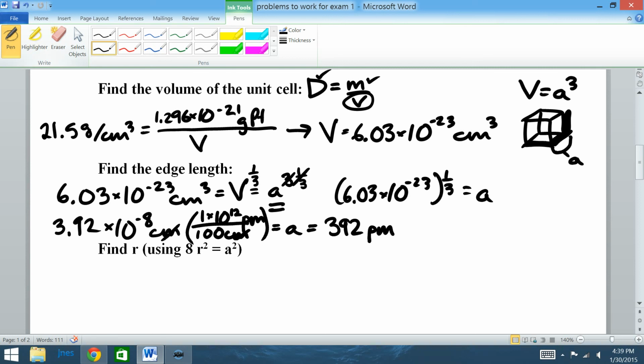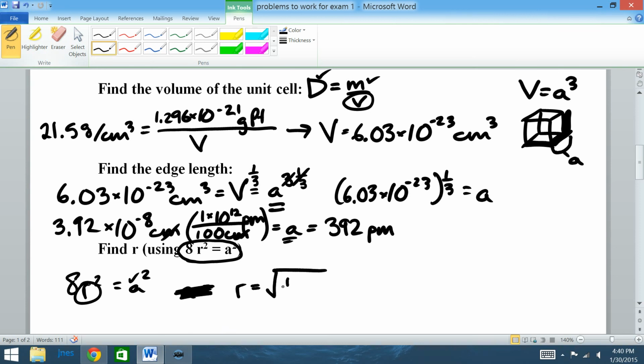So, now we've got A. And because we know this is a face-centered cubic cell, we've got an equation on our equations page to work with. 8r squared equals a squared. So in this equation, I know the A. What I need to find is the r. So, trying to get r by itself, r is going to equal the square root of 1/8 a squared.